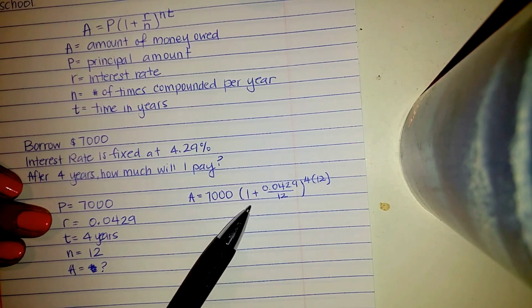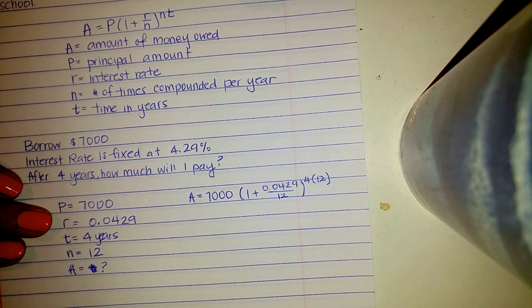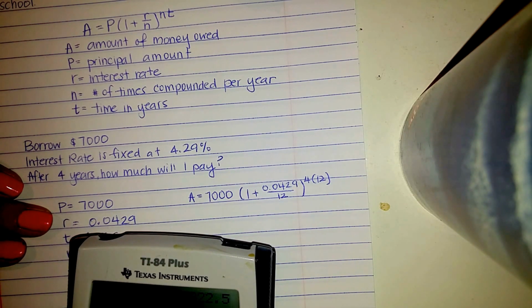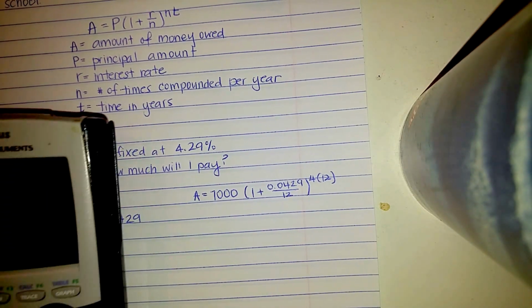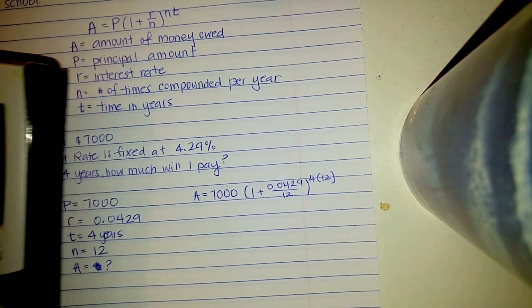Also be careful not to round your values as much. You want to round only at the end. So make sure that you're not rounding until the very end when you have your final solution. It will give you the most accurate amount.